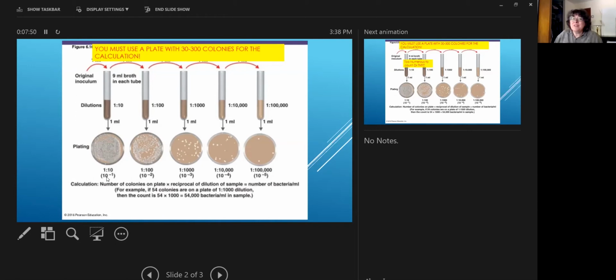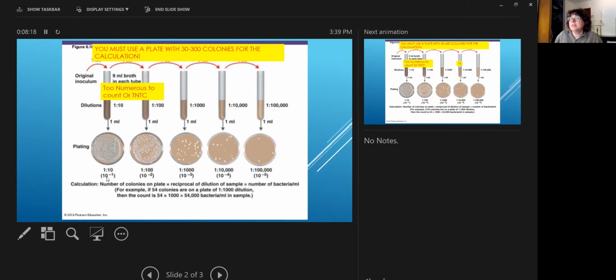If it's 300 colonies or more, it's going to be real hard to count accurately. So the plates that are over 300 colonies, you just can't count them accurately. And we usually mark them or record them as TNTC, or too numerous to count. We never would use a TNTC plate to calculate results for a plate count experiment.